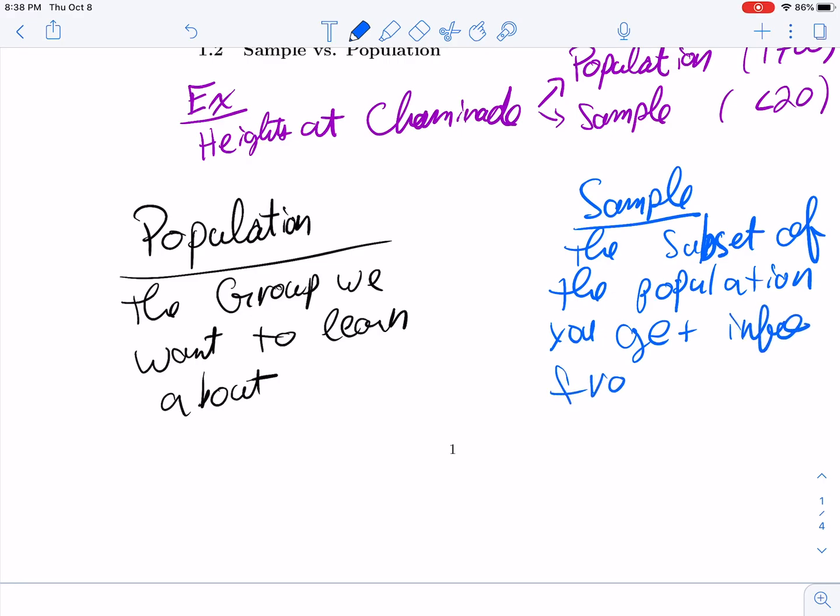I asked you in class yesterday for your heights. You were my sample. We want to use information from the sample to make inferences about the entire population. And that's really what all of statistics is.